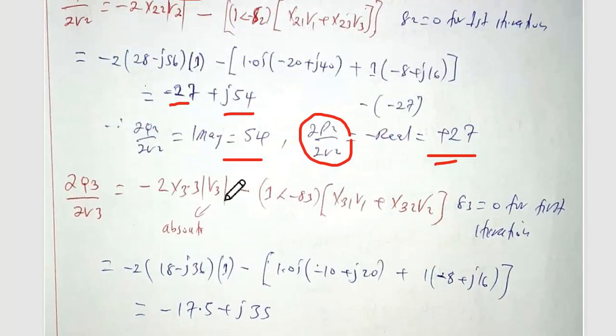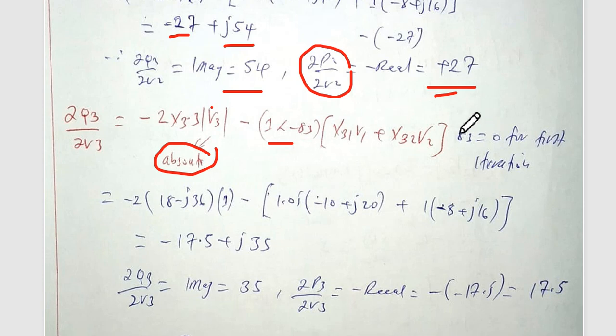And the last one is this, partial Q3 partial V3, negative Y33 V3. Remember, key is that it is absolute, so that you use the angle here. The angle is 1 at an angle negative del 3, because it's a conjugate of this value, the angle of this, so it's 1 angle negative del 3 into Y31 V1 plus Y32 V2. Remember, del 3 is 0 for first iteration.